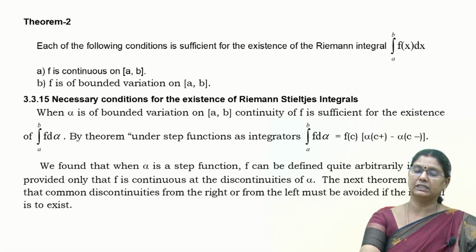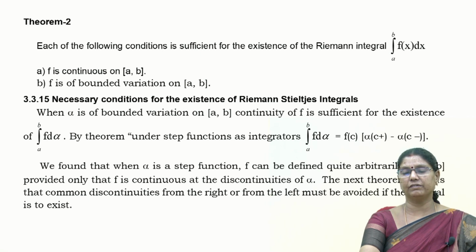And based on the sufficient condition, here we have a theorem that f is continuous on [a, b] and alpha is of bounded variation on [a, b]. And the necessary condition for the existence of Riemann-Stieltjes integrals: alpha is of bounded variation on [a, b], and the continuity of f is sufficient for the existence of integral a to b f d alpha.